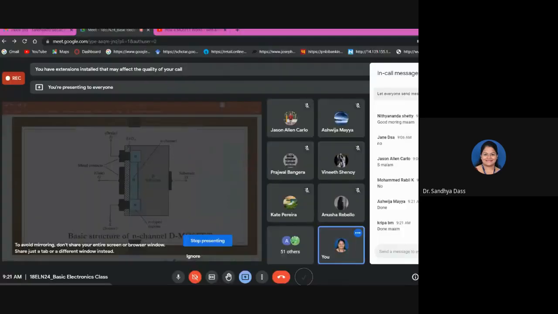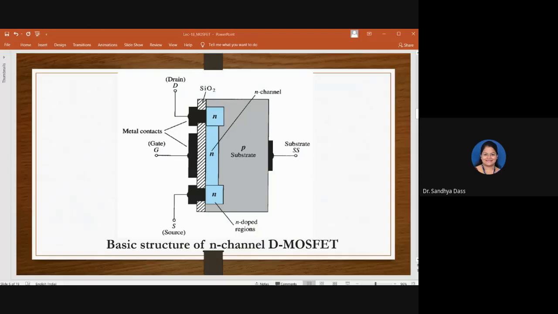Because of this, MOSFET also gets another name, insulated gate FET, IGFET, because of the insulator available there. MOSFET is also termed as insulated gate FET, that is IGFET.